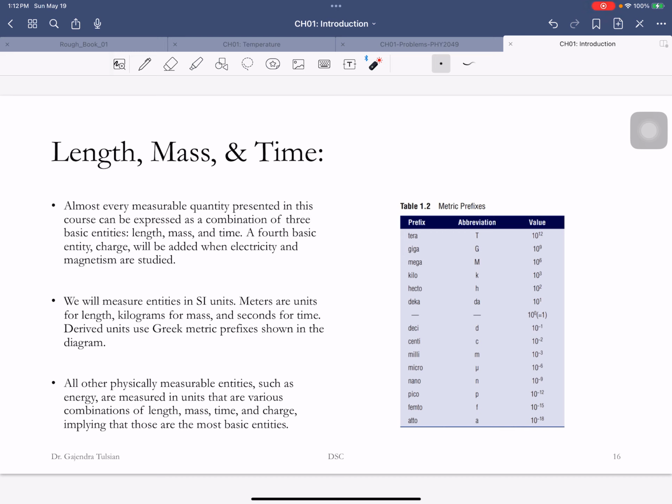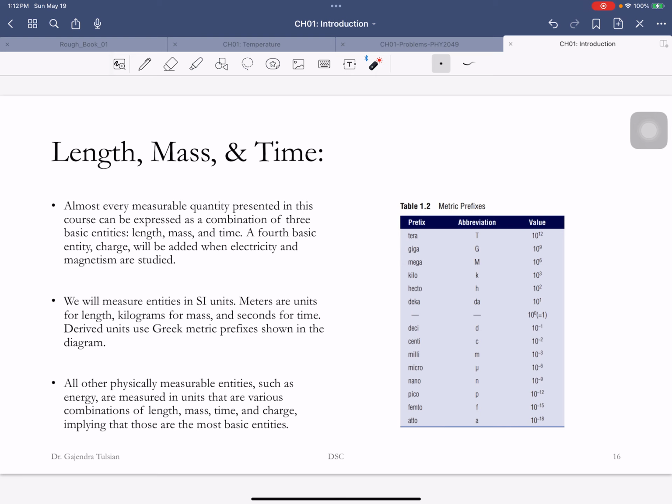Things like velocity and energy will be a combination of this basic set of units. SI is the International System, a universally accepted set of units in the physical sciences. So meters are units for length, kilograms for mass, and seconds for time.